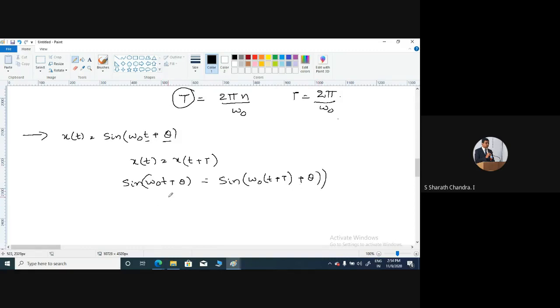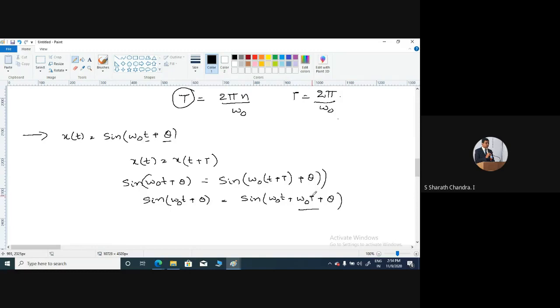This can be simply written as sine of (omega naught t plus omega naught capital T plus theta). Therefore, this equation will be valid only when omega naught capital T is equal to 0.